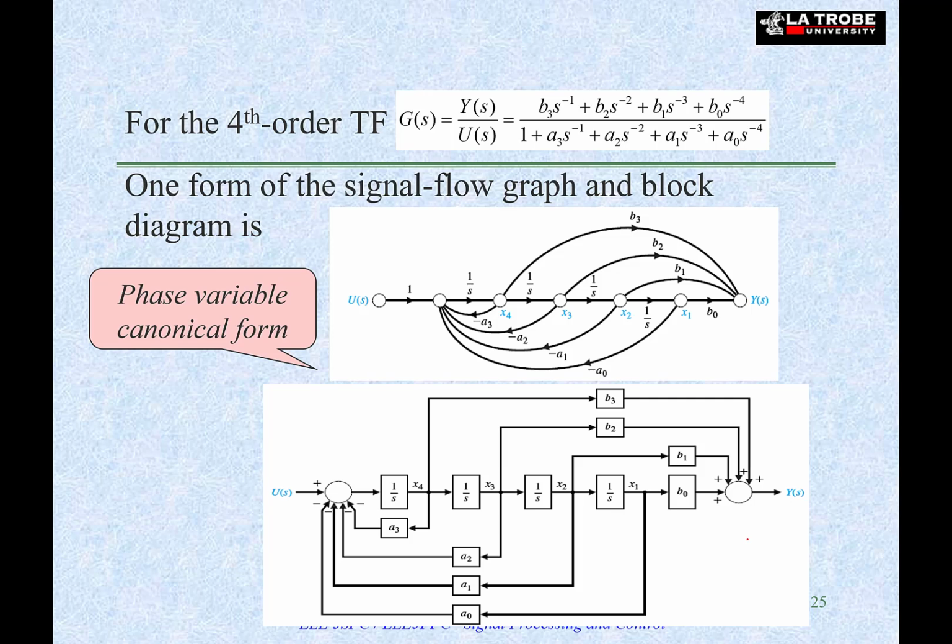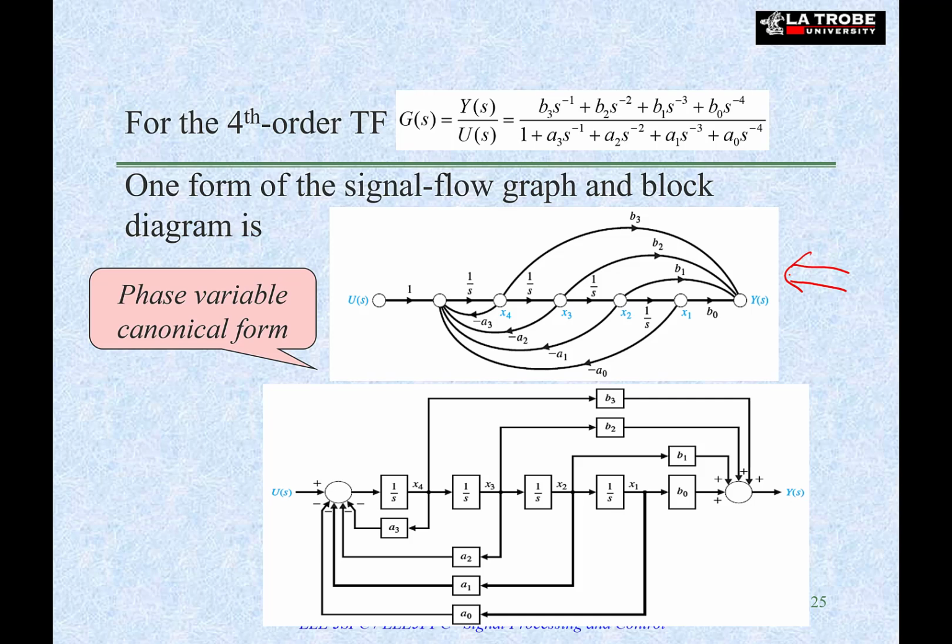Now let's draw the signal flow graph in the canonical form for this fourth order transfer function. This is shown by the first graph on the slide. We need to remember the 2 assumptions we made earlier.